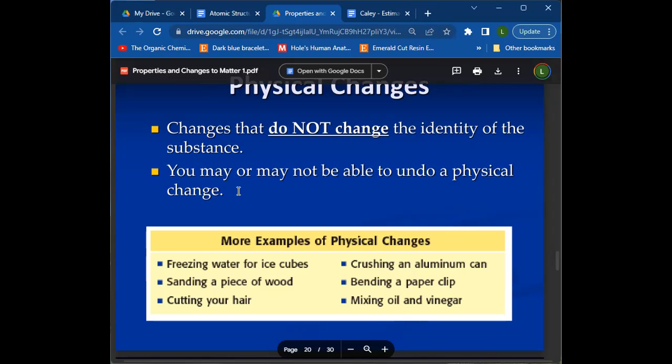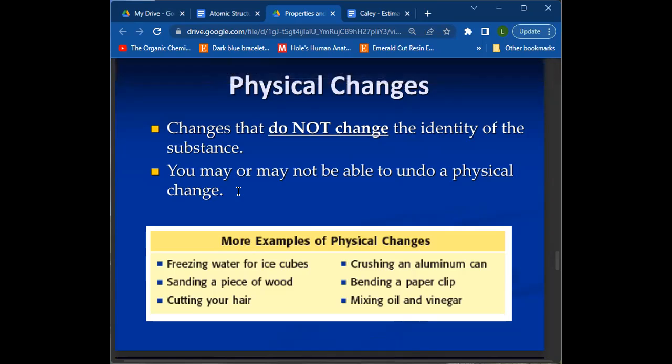Also keep in mind that if you're dissolving something, like if you dissolve salt in water, that's also a physical change, because when you mix them together, you have salt and water.